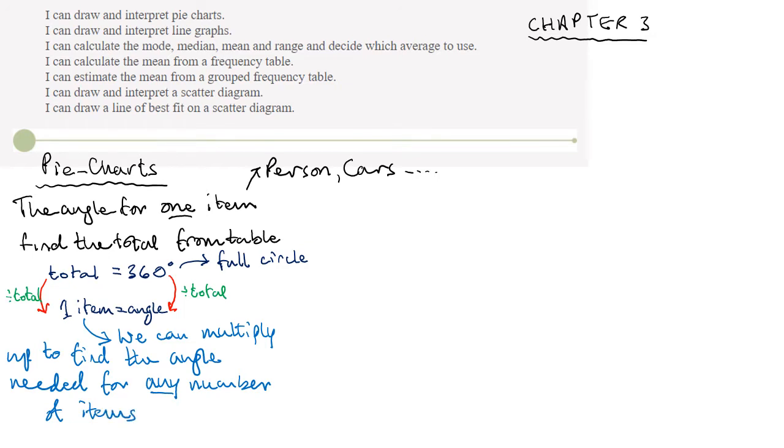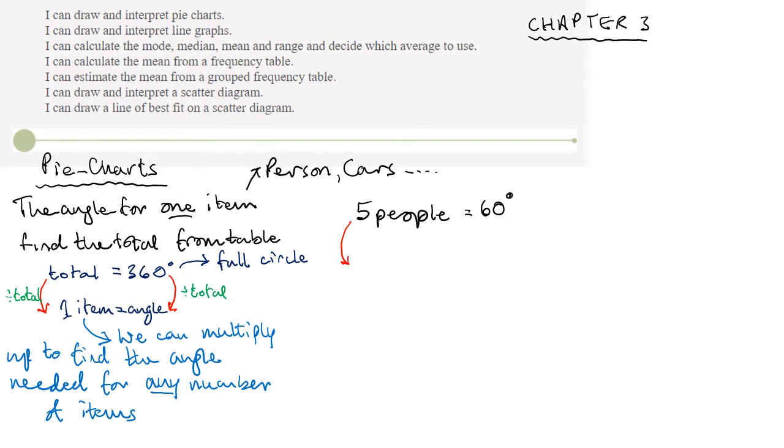A different type of question might say, here's an angle, and this angle represents a part of the pie chart. So let's say we can work out from the pie chart that 5 people is equal to 60 degrees on a pie chart. We use the same method.